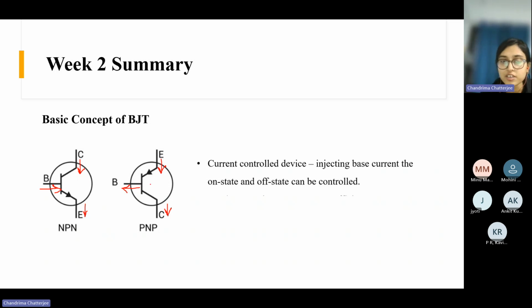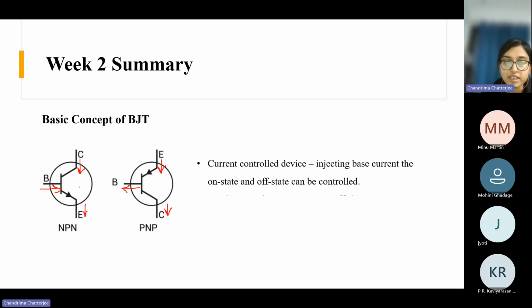Here also and here also. Here also you see the emitter current is coming and it is getting divided into two parts. One through the base, another through the collector. So at each point of time, this relation is valid. Emitter current is the summation of collector current and base current in all modes of operation and everywhere. Is it understood?